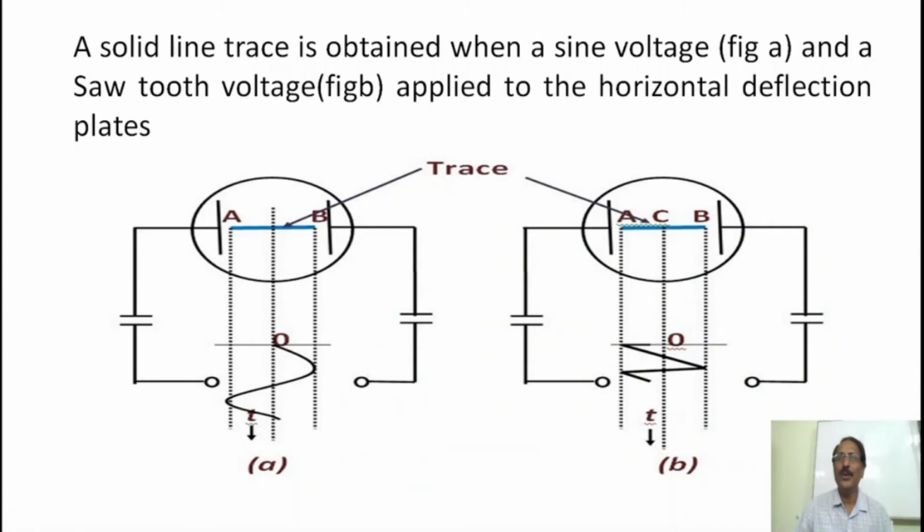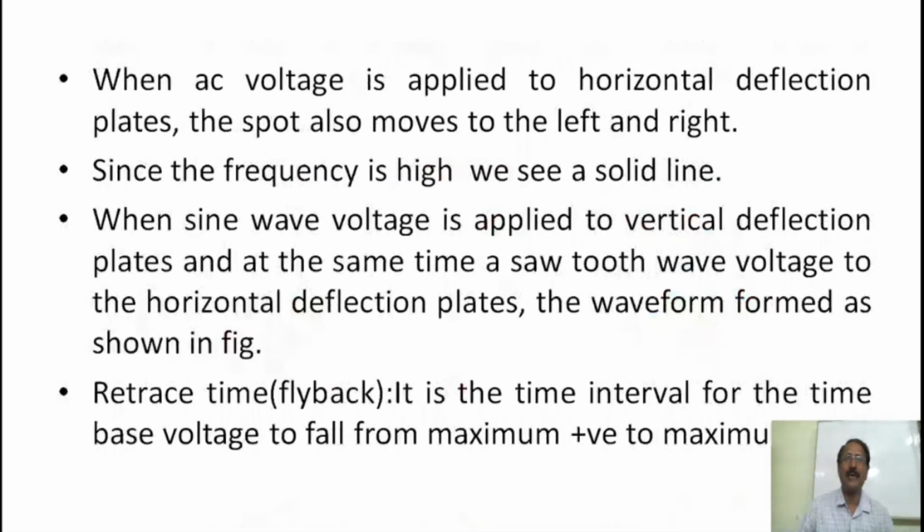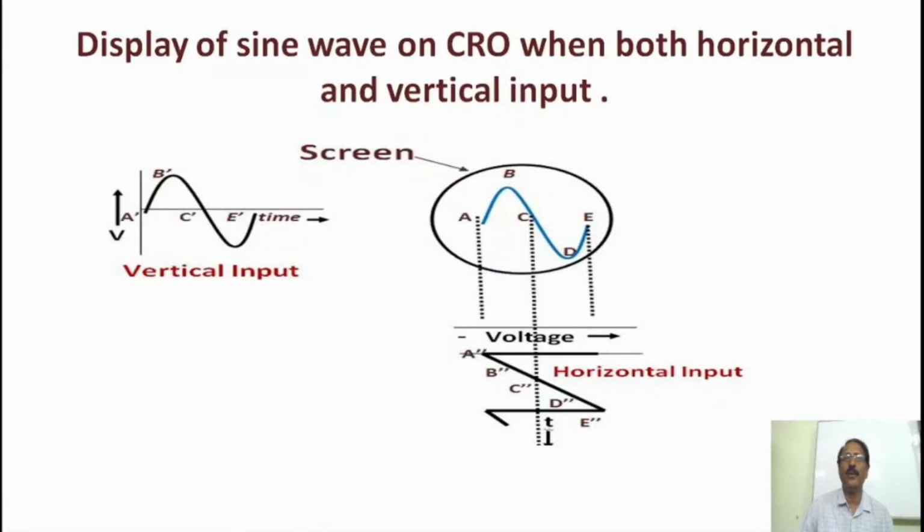It was not so in the case of sinusoidal voltage. When sine voltage is applied to vertical deflection plates, that is Y plate, and at the same time a sawtooth wave voltage is applied to the horizontal deflection plates, the waveform is formed as shown in this figure.